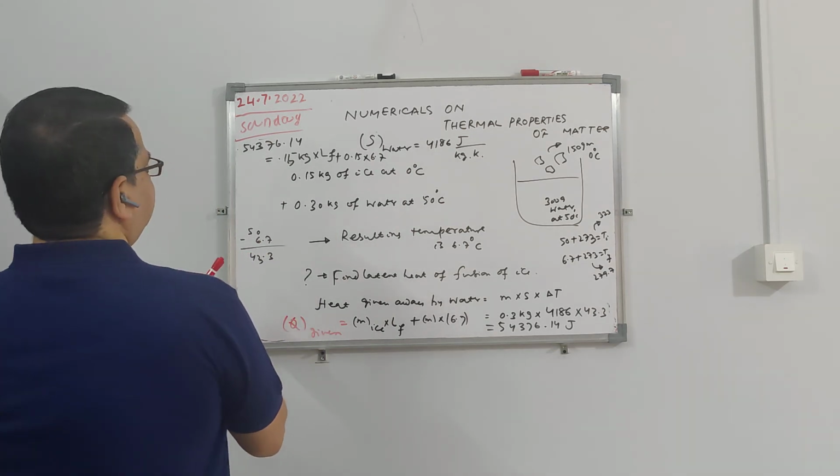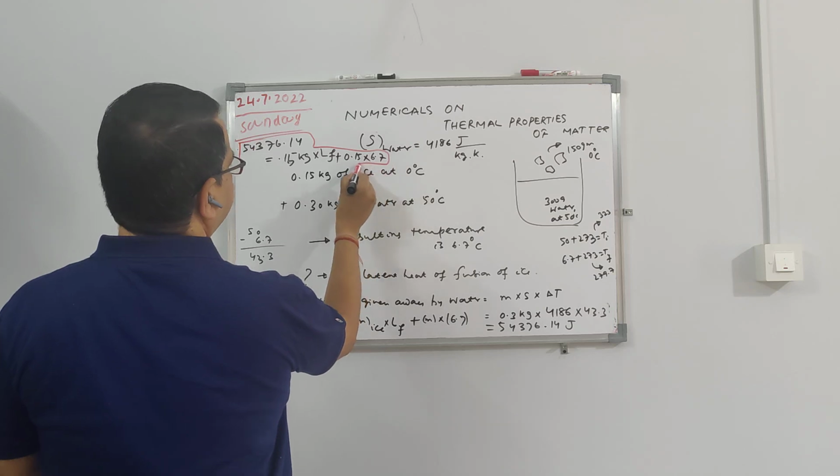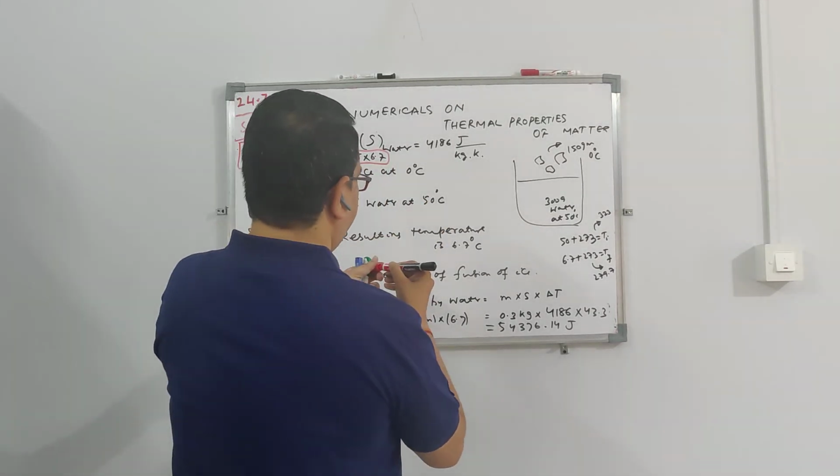So this is your equation. You have one equation with one unknown. This LF is what you want to find out.